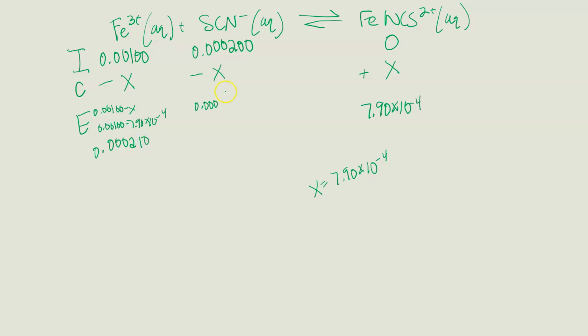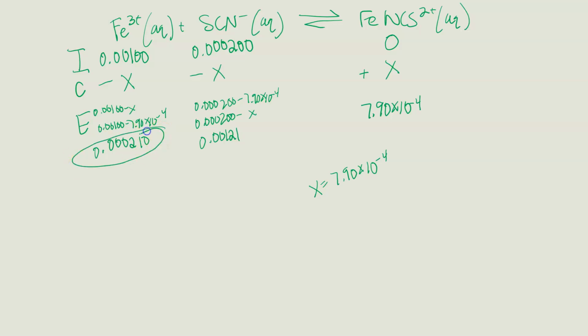Sorry, my math is being screwy. Okay. I substituted this value in for x, and when I did that, I get 0.00121. So that's how you're going to get your equilibrium values for iron and thiocyanate.